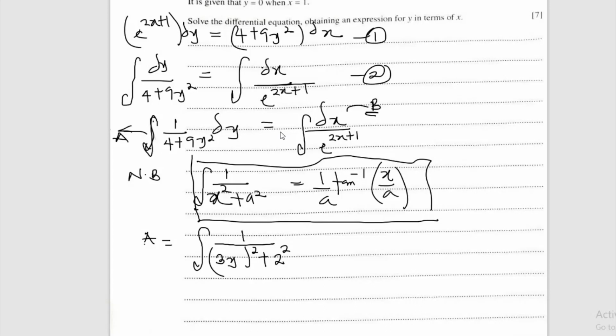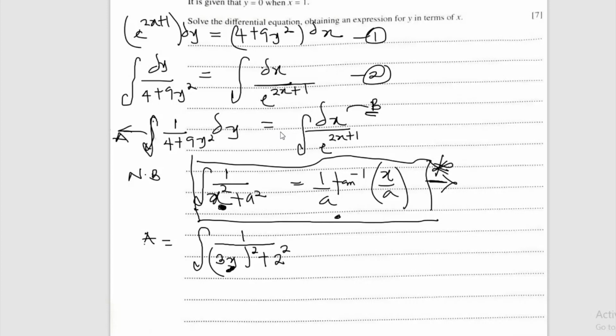Now the only difference is that in this constant, there's no variable beside x. But in what we are integrating, there is a variable beside y that alters this constant. In that case, it's still going to follow this format, but we just amalgamate a bit.